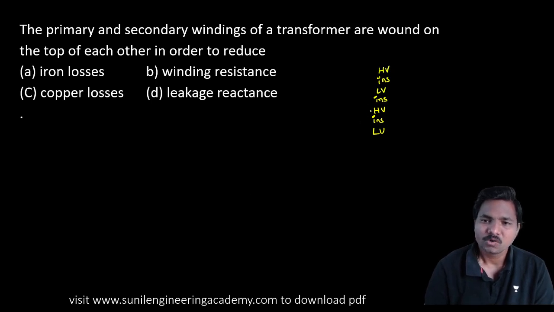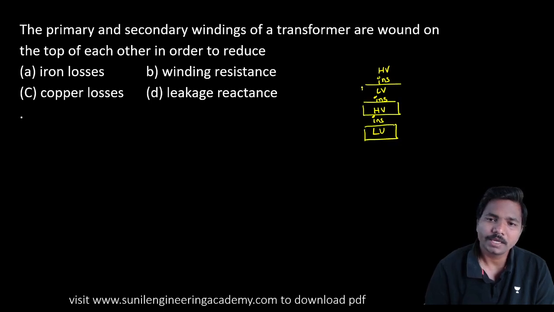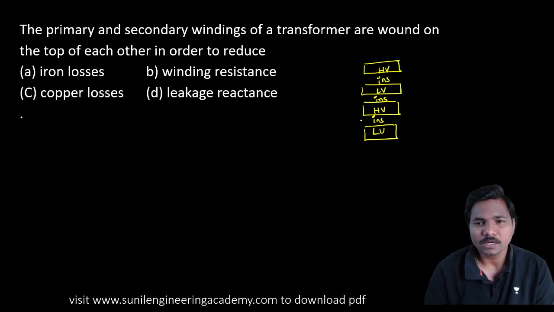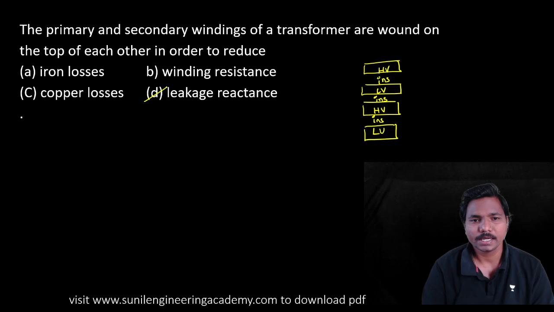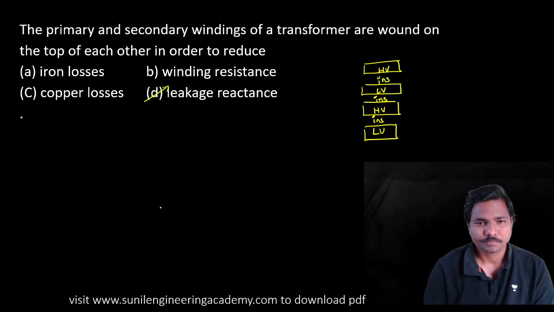This type of procedure is used to reduce the air gap between the two windings. If the air gap is reduced, leakage flux is less. Leakage flux being less means leakage reactance is reduced.